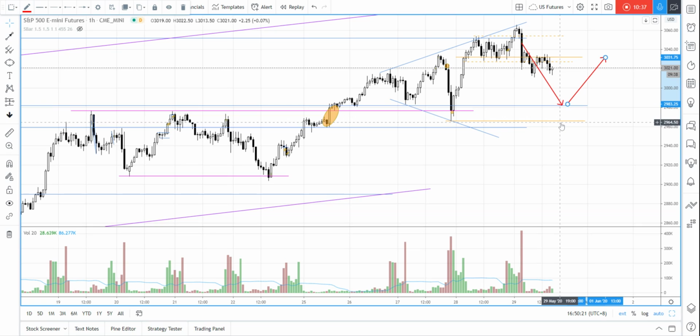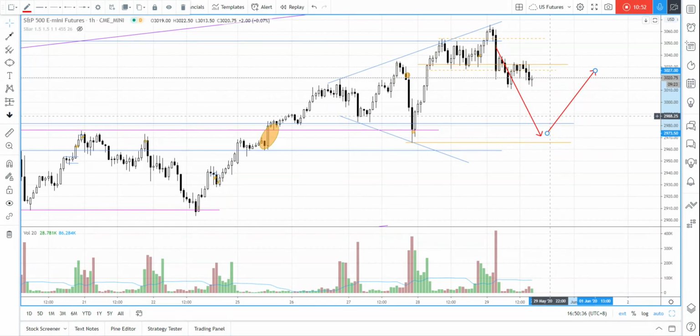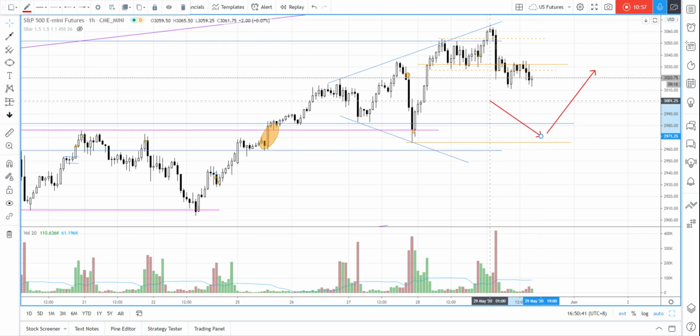Otherwise, the next level could be the swing low 2966, something like this, and a bounce up. So these are the important support levels that I'm watching. Another scenario is probably to short, because you can see that the 3030 level has become a resistance level once it's broken. Initially, it provided some support, but right after the sharp break in the last hour yesterday, it actually became a resistance.